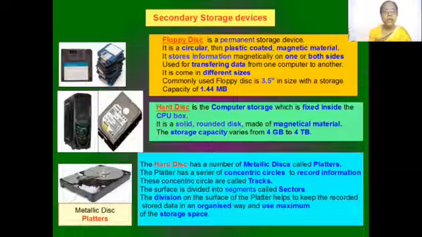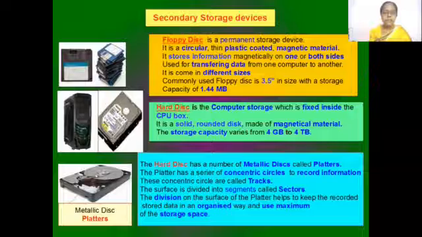So the hard disk is a storage device. It is fixed inside the CPU. It's a round solid disk with magnetic material, and the capacity to store your information is 4 GB to 4 TB. The hard disk inner part looks like this. It is a metallic disk.